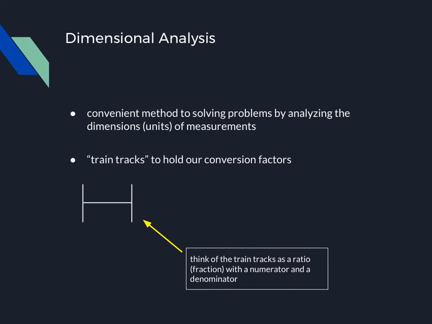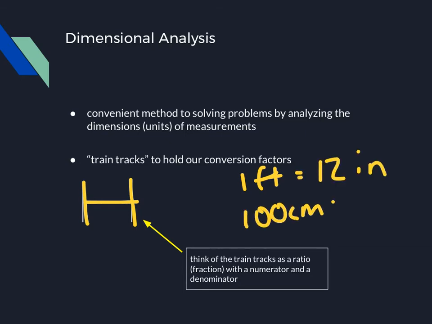So I call this thing right here a train tracks. Really, it's just to hold a conversion factor. A conversion factor might be something as simple as 1 foot equals 12 inches, or 100 centimeters equals 1 meter. They're just two things that are equal. Now, in my conversion factor, in my train track, it doesn't matter which way I put it.